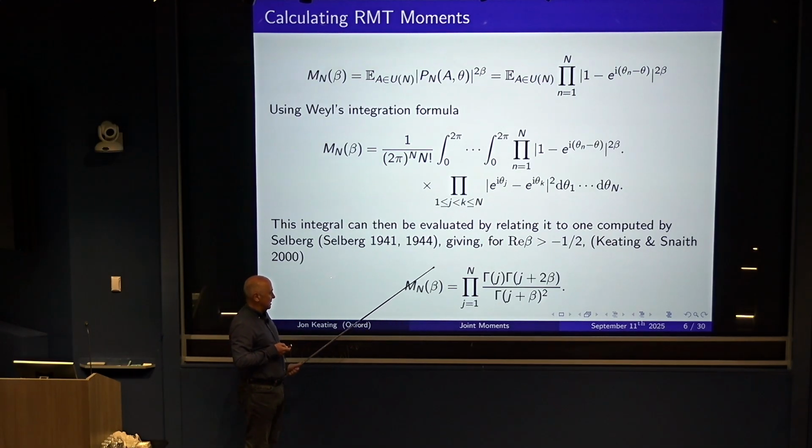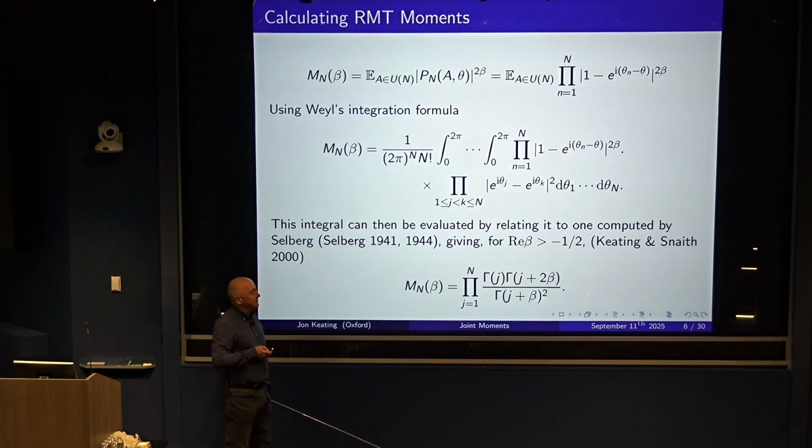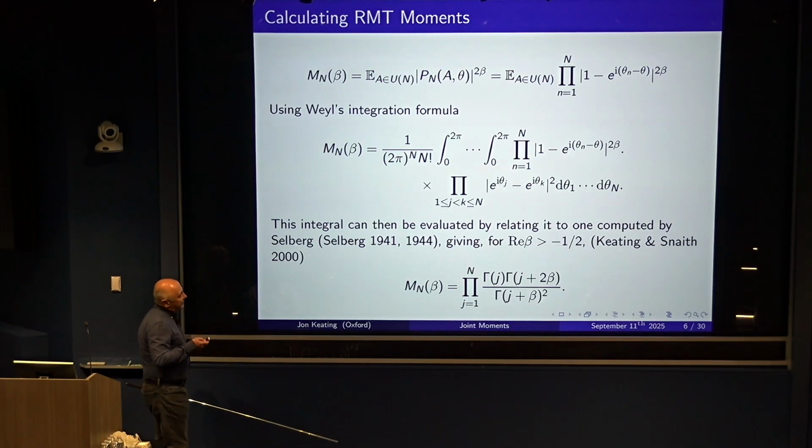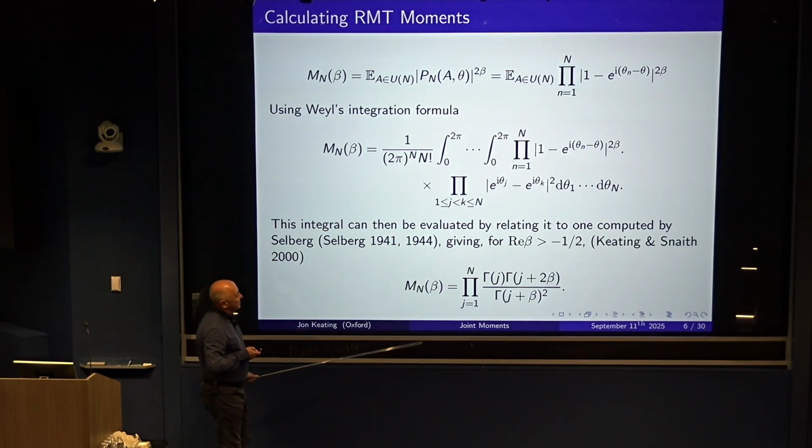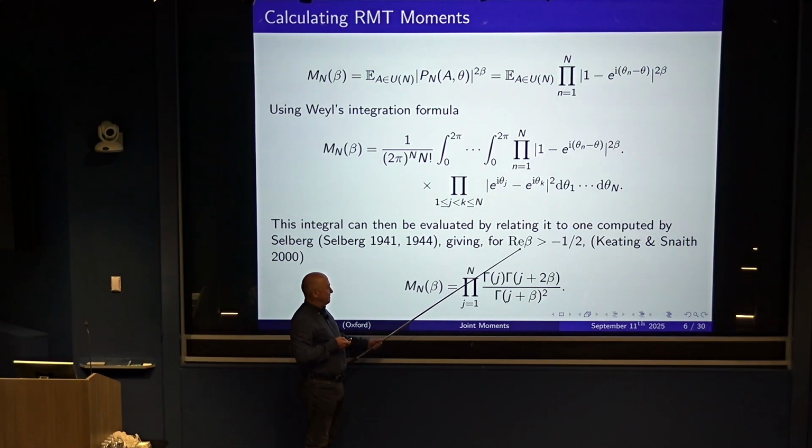So here's an exact formula for the moments of the characteristic polynomials of random unitary matrices of dimension n. You see that the formula is rather compact. It's a product of ratios of gamma functions. There are a couple of things to remember about this formula. First of all, the answer makes sense for complex values of beta. So beta doesn't have to be an integer.